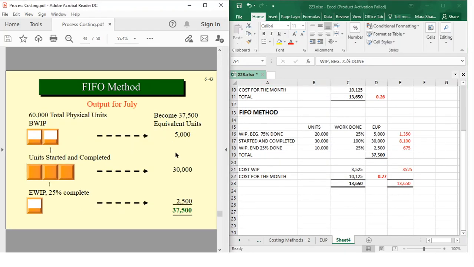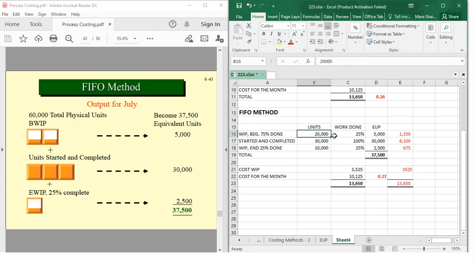Looking at the example, we have 20,000 units that are 75% done. Since it is 75% completed, only the remaining 25% is done in the current period.